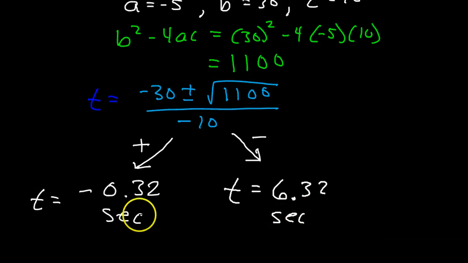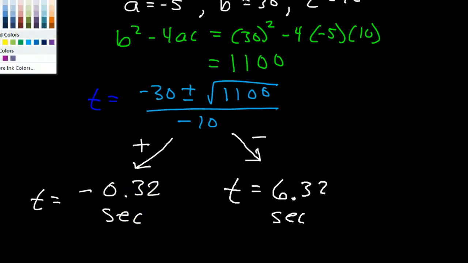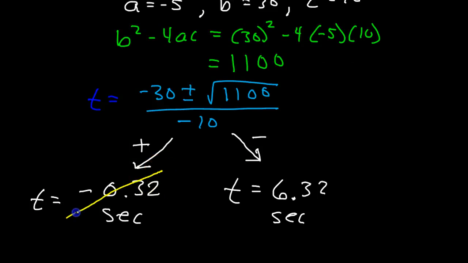Seconds. Now, only one of these times makes sense in the context of the problem. Is it possible that the rocket hits the ground at negative 0.32 seconds? In other words, the rocket hits the ground 0.32 seconds before it is launched. No. That value is what you call extraneous, so we're just going to throw that one out. You can't have a negative time. We don't have a time machine.